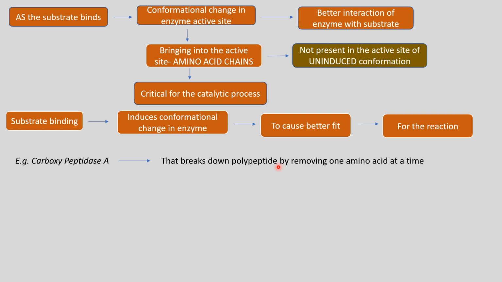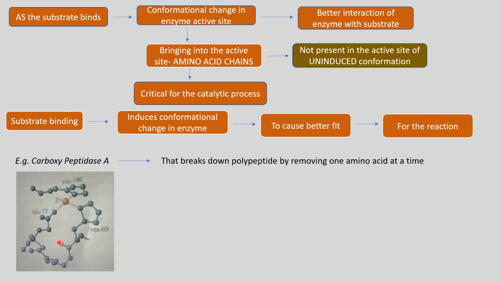It is a sequence of amino acids, and it is a polypeptide since many peptide chains are joined together. So the work of this enzyme is to break down that polypeptide chain by removing one amino acid at a time.